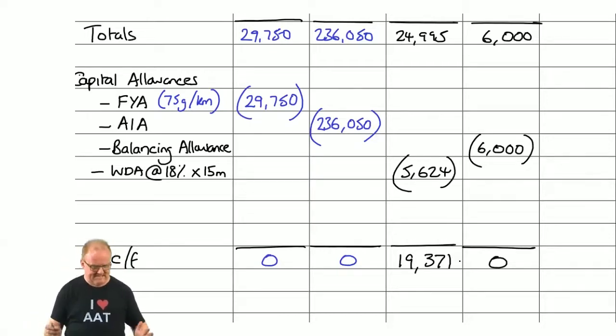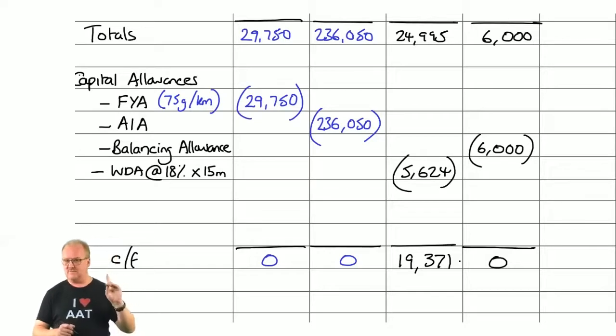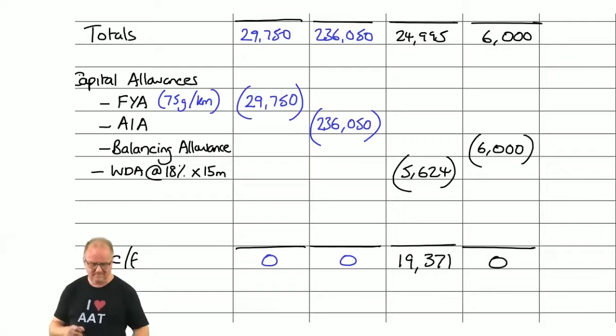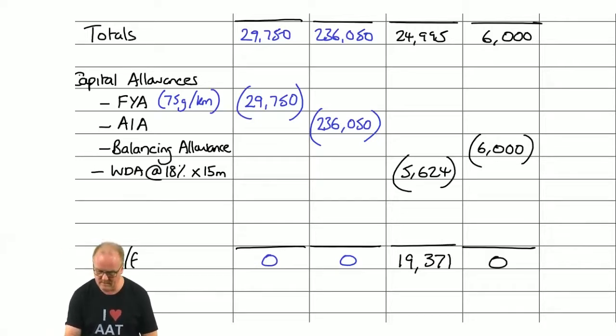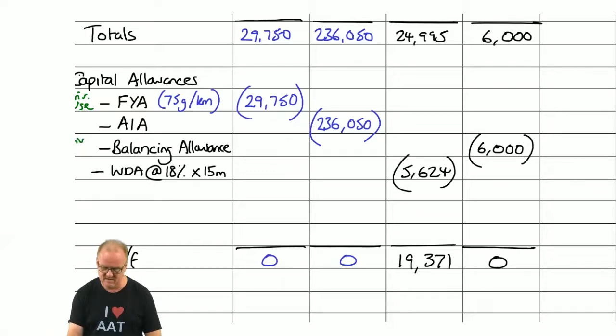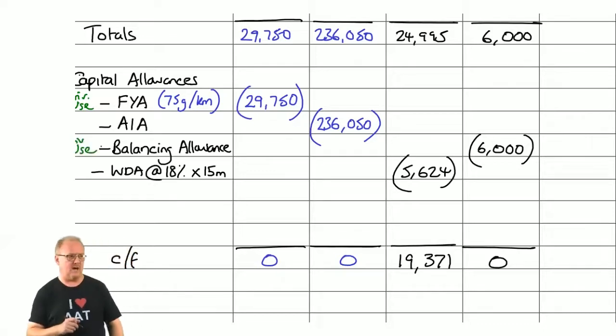Right, fantastic, but not quite the end of the story, because we must remember that in here we have got private use on the new car and we have private use on the old car.